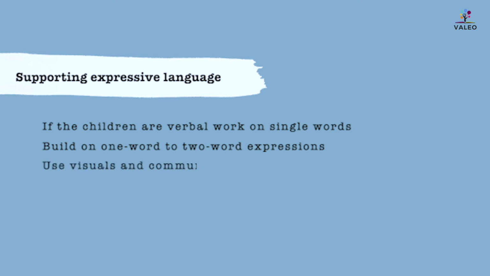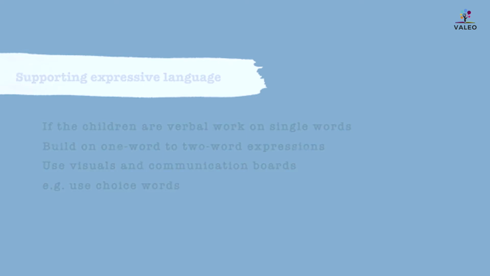Again, maybe using visuals and communication boards. I find choice boards are quite nice, especially for those children that are just using some single words for motivating things. Choice boards are nice for meal times and things like that for parents to use.